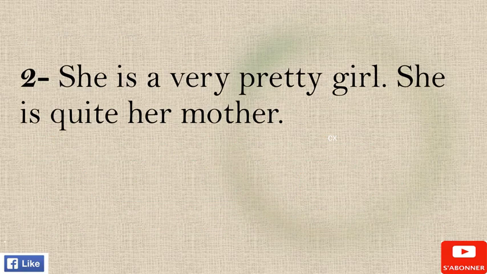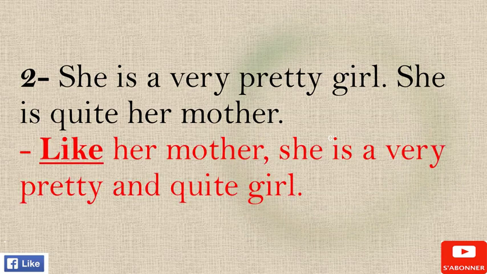Second example, she is a very pretty girl. She is quiet like her mother. So they are the same, they share the same qualities. So we say, like her mother, she is a very pretty and quiet girl. We move to example number 3.